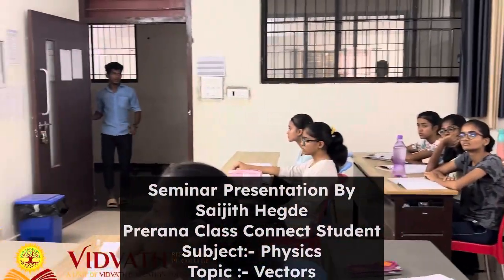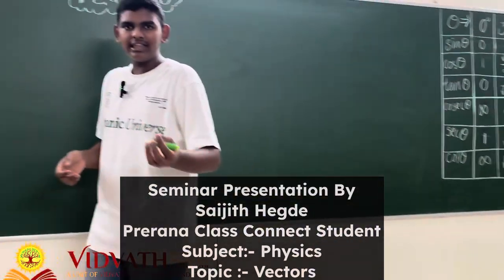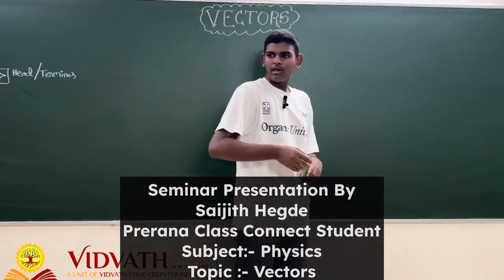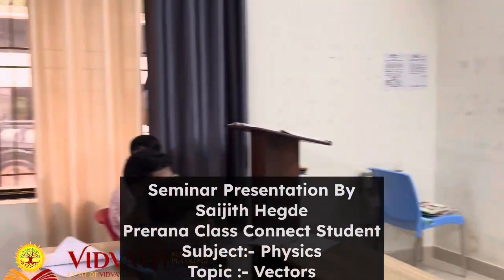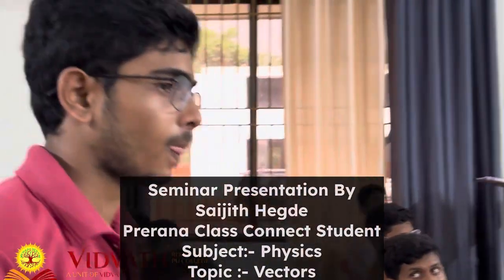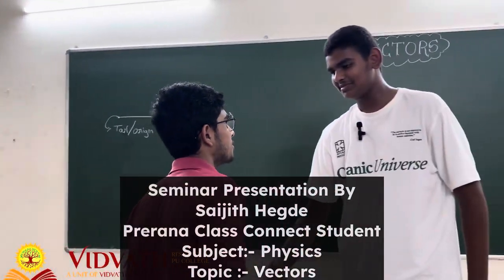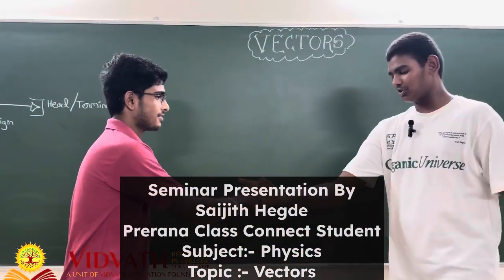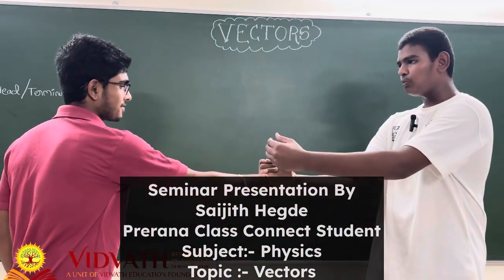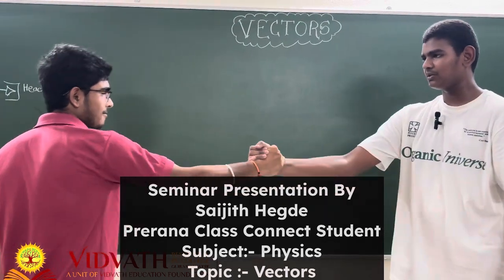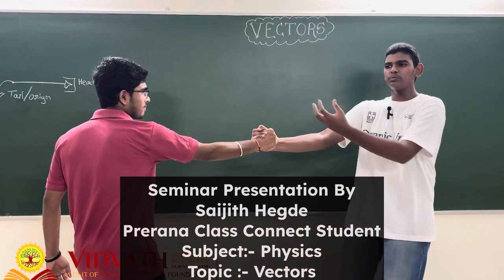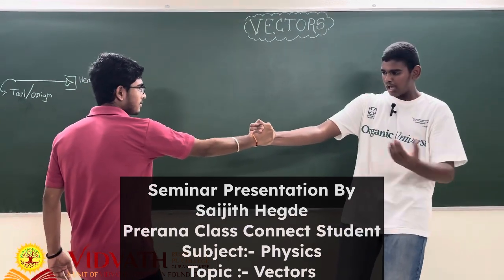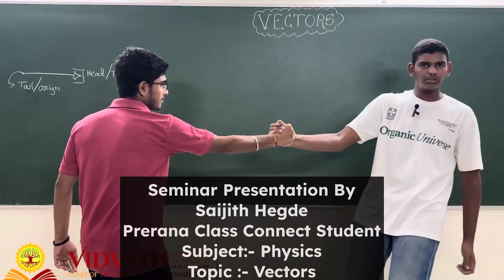If there's something like this, there should be an opposite also, and that is negative vectors. Could one volunteer please come on stage? What's your name? Ayush. Thank you, Ayush. Good volunteering. I want you to pull me with some minimum force. So what is happening here is he's pulling me with a certain force, I'm applying the same amount of force and trying to pull him back.